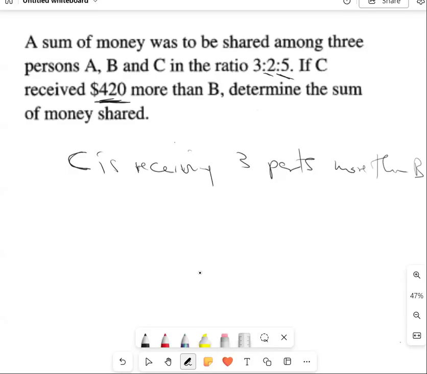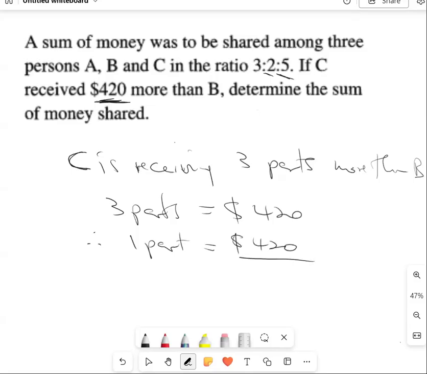So we can conclude that 3 parts equal 420. We follow that? From this, you can now calculate how much is 1 part. Therefore, 1 part is going to be equal to 420 divided by 3, which is, can somebody help me there?